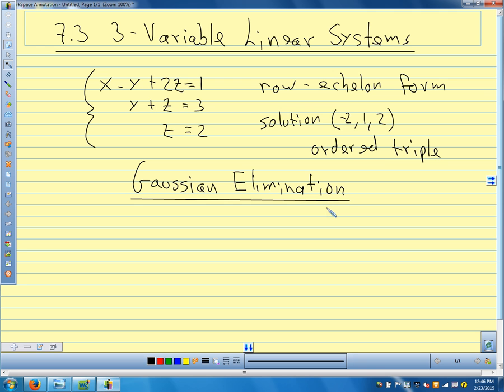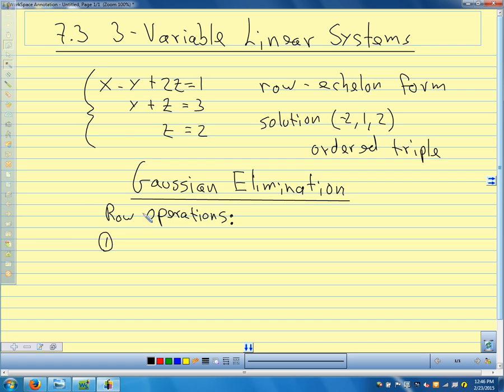And when we use Gaussian elimination, we're going to do what we call row operations. We just have three of them, and they're the same ones we use in two variable systems. Anytime we do a row operation, it doesn't change the solution to our system of equations, but we want to be able to write it in this more convenient form.